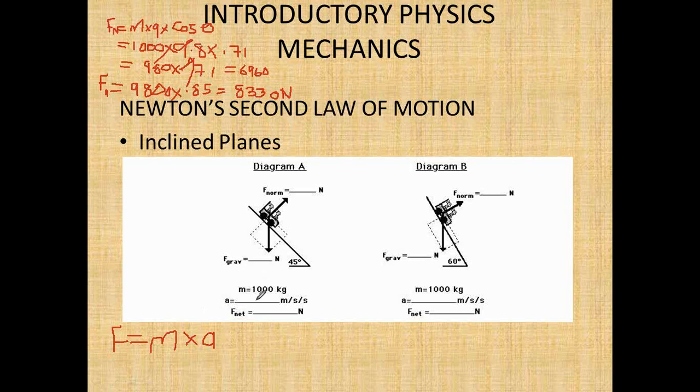But you have to calculate the acceleration now. You know the net force. The net force is this force which is pulling the object down the inclined surface. So to get the acceleration, you just rearrange your equation, and the acceleration is equal to the force divided by the mass.